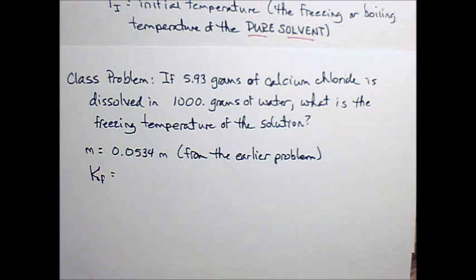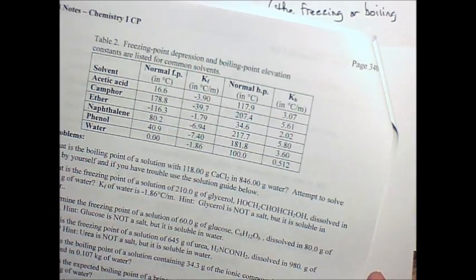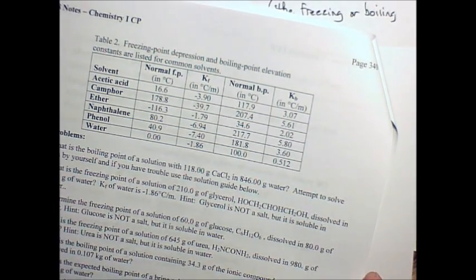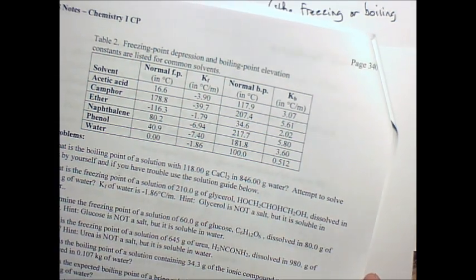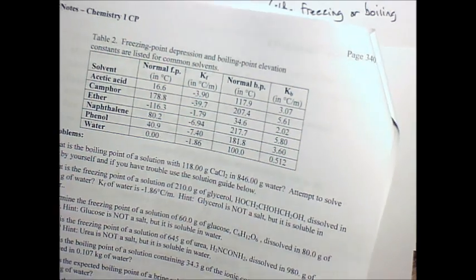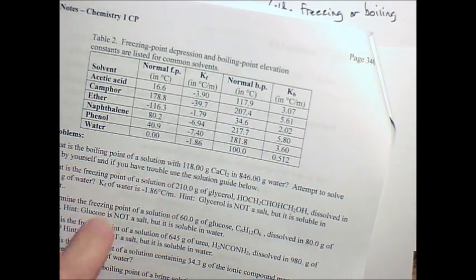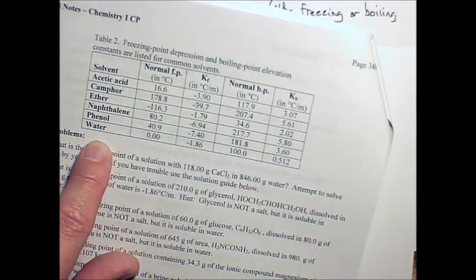On page 340 of your text, table number 2 has a list of freezing point and boiling point constants along with freezing and boiling temperatures. I will have to give you this. I'm not going to make you memorize it, okay?